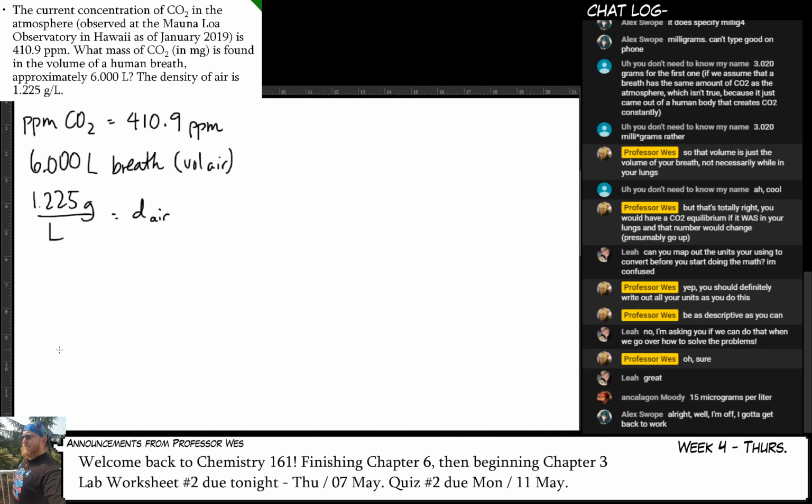So if I write out the ppm formula, something in ppm is equal to the mass of whatever we're looking for divided by the mass of the whole thing times 1,000,000 parts per million.